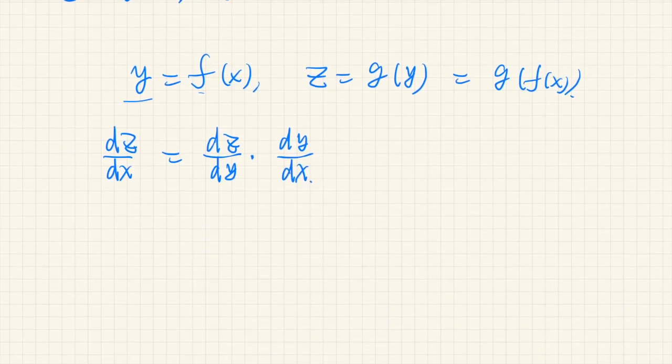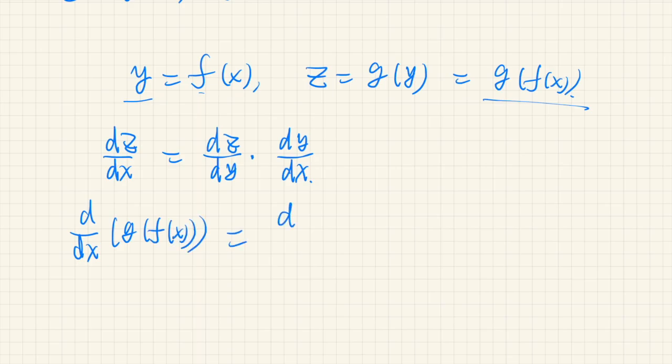So what we did is just this. Differentiate g of f of x, then we get dg of y over dy times, so dy means d f of x, right? So we have this.